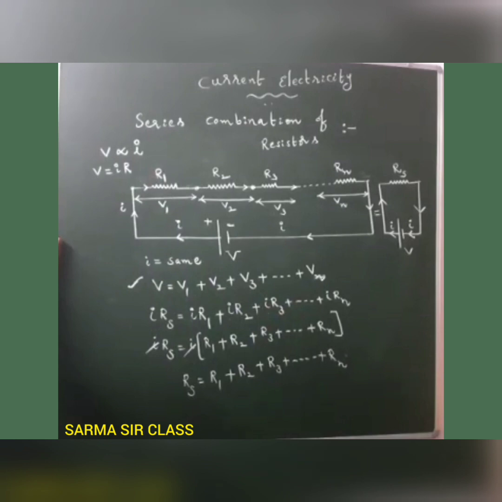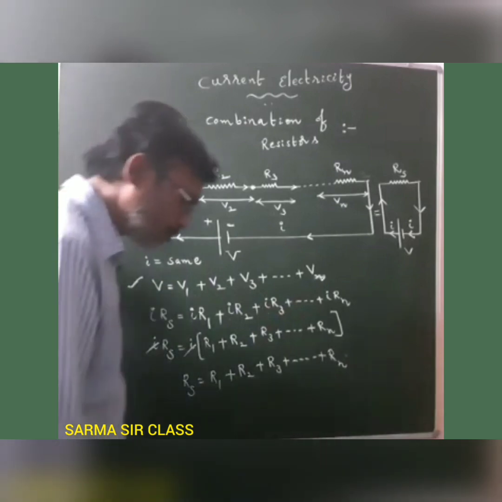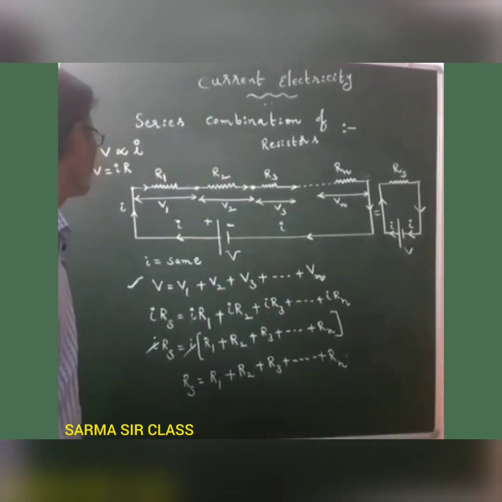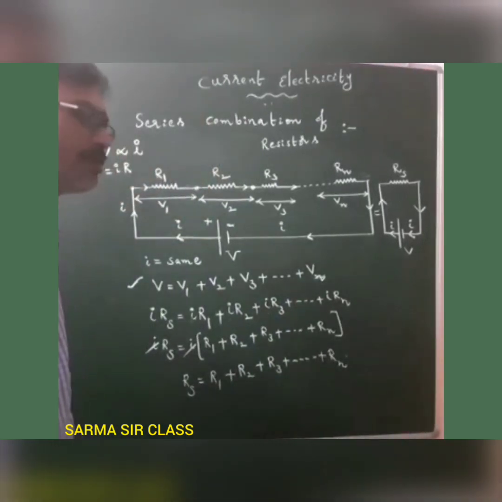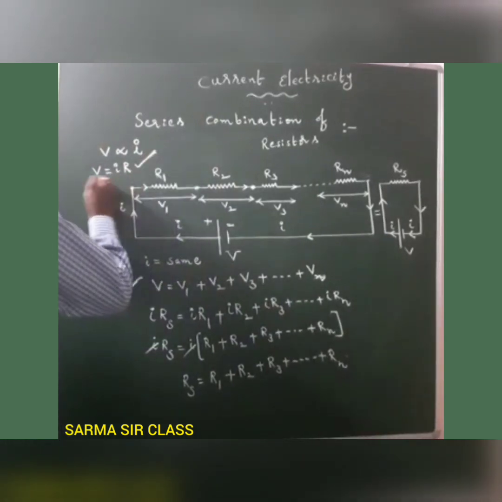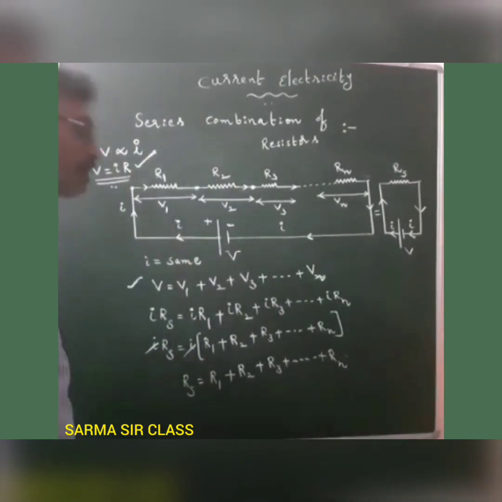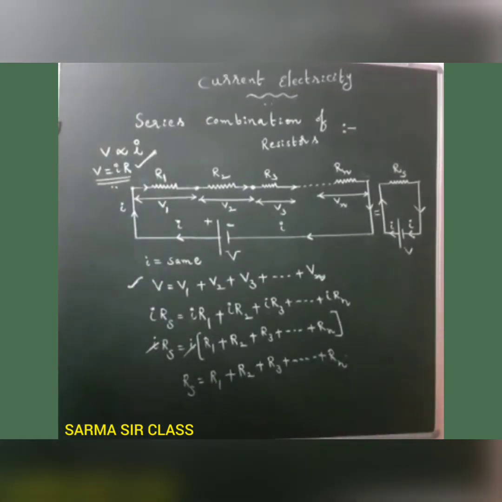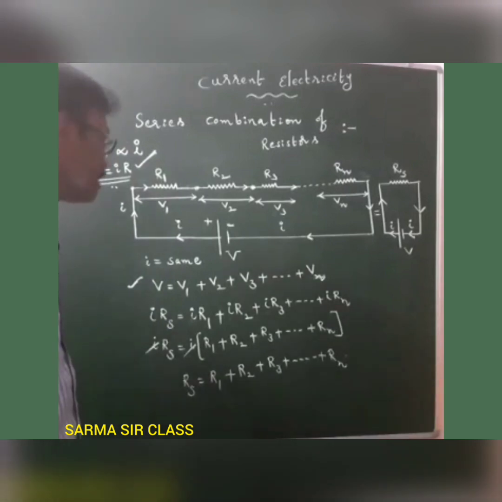Next point. According to Ohm's law, V is equal to IR. Write this: V is equal to IR. Next line, write down.